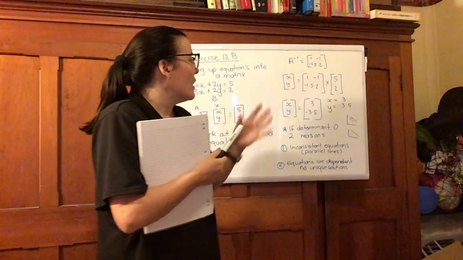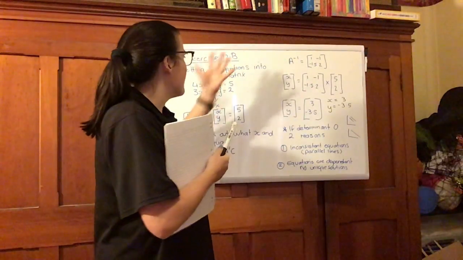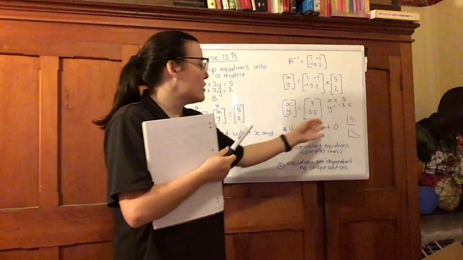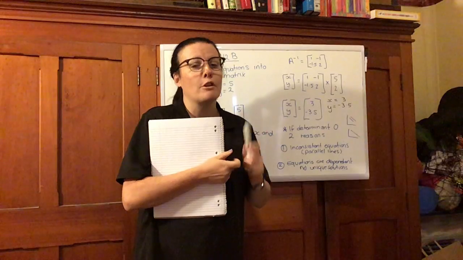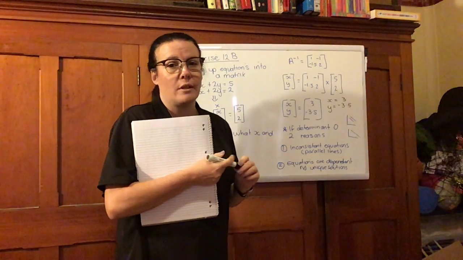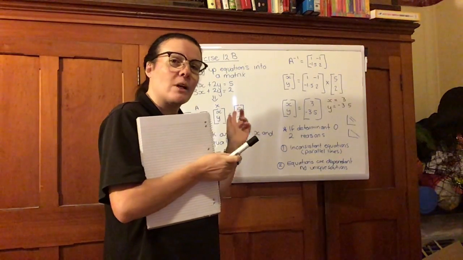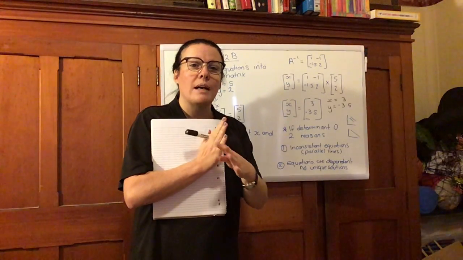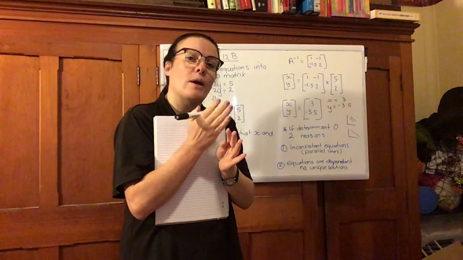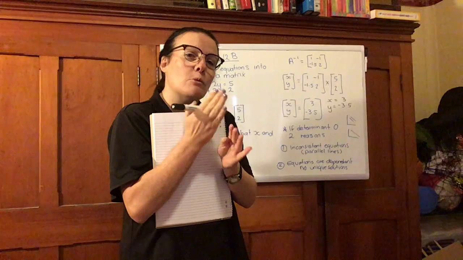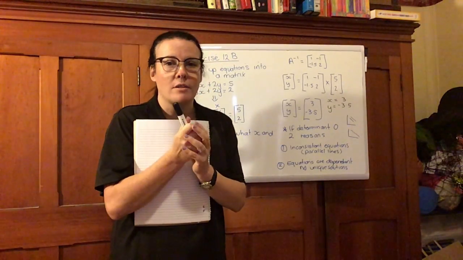Now, you can use this system so long as the determinant for the matrices does not equal 0. Now remember what I said about why we solve for simultaneous equations? Because we're finding the point where the two lines cross.